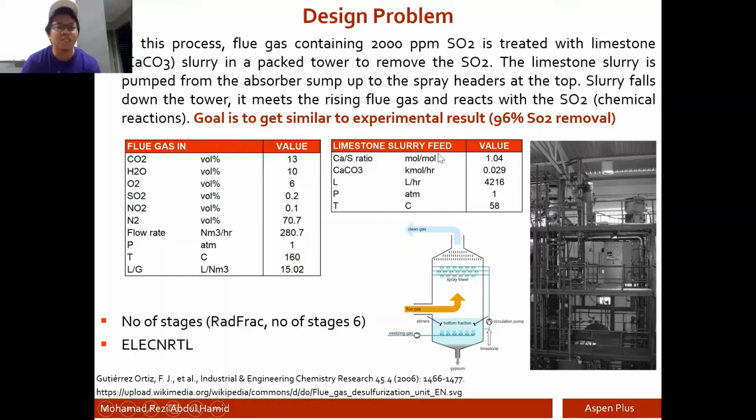And for your information, this data is extracted from the 3 references that I explained in the previous slide. As you can see from this table, we have the composition of the flue gas in terms of volume percent, the flow rate of the flue gas in standard cubic meters per hour.